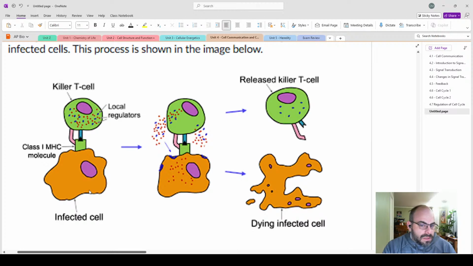That's what it looks like. Just looking at the picture, you don't have to know anything about immune or major histocompatibility complexes, that's what MHC stands for, but you don't have to know that. You just need to know that it looks like all this is happening because they're touching each other. And so if you took out this square and they're not able to touch, this isn't going to happen.